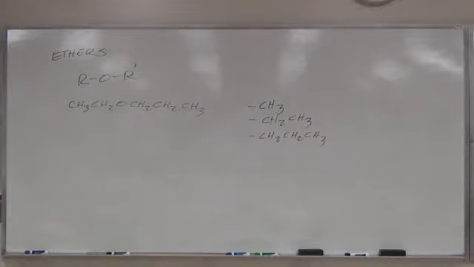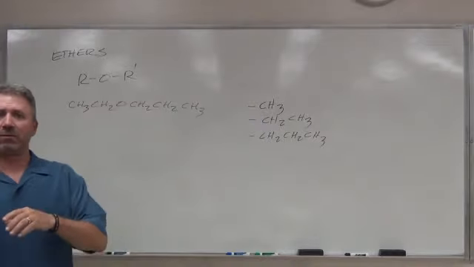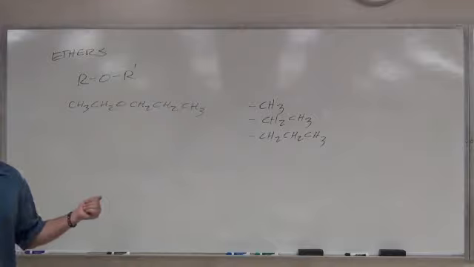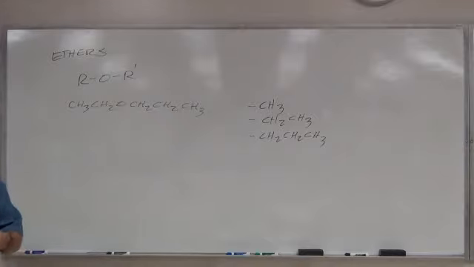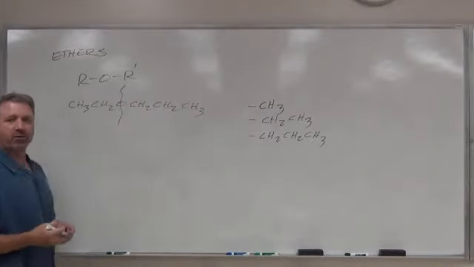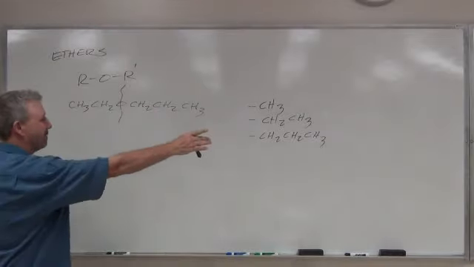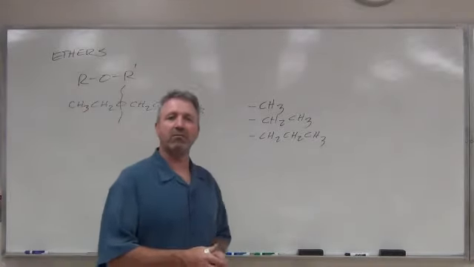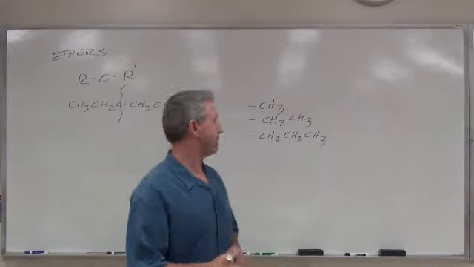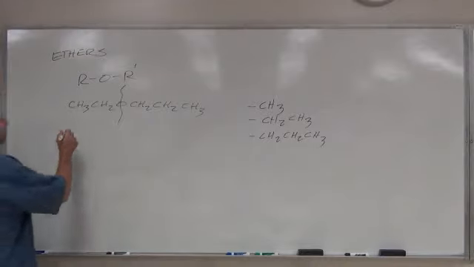Naming ethers is very straightforward. It doesn't require you to know any additional stuff except the word ether, which you now know. You take your oxygen, you find it, you draw a line right through it. If you have an ether, you just separated your molecule into two alkyl fragments. Name the alkyl fragments. What is this one? Ethyl.